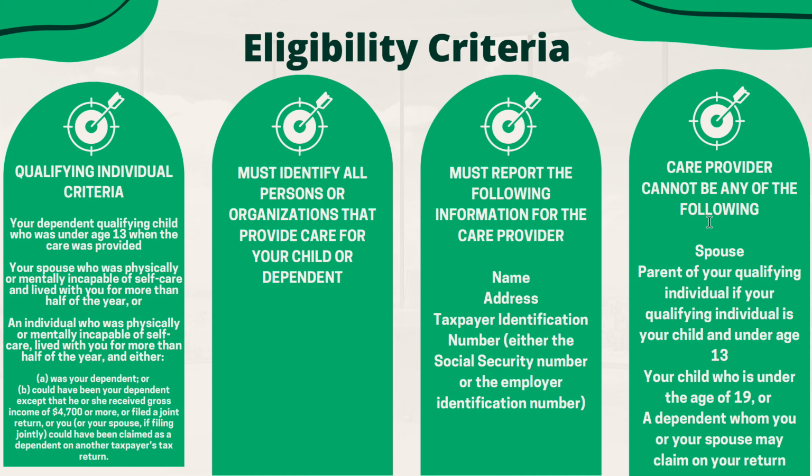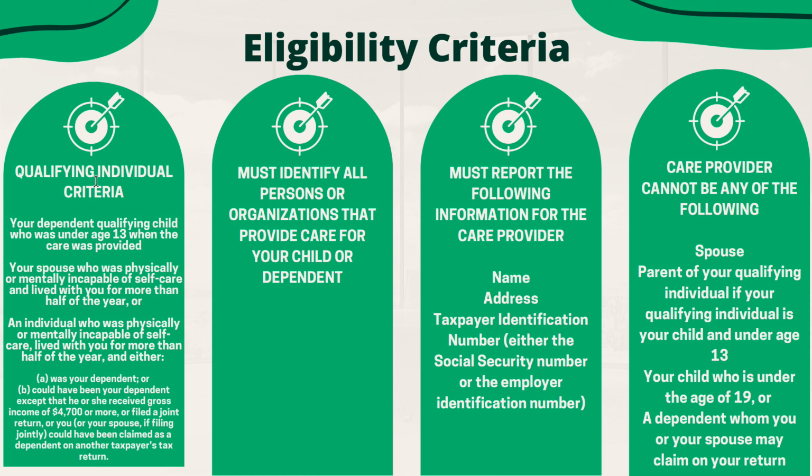For the eligibility criteria, first, you must have paid the expenses for a qualified individual. That can be a dependent qualifying child who was under the age of 13 when the care was provided. Once your child turns age 13 or older, they're no longer eligible for that criteria. Or your spouse, if they were physically or mentally incapable of self-care and lived with you for more than half of the year.